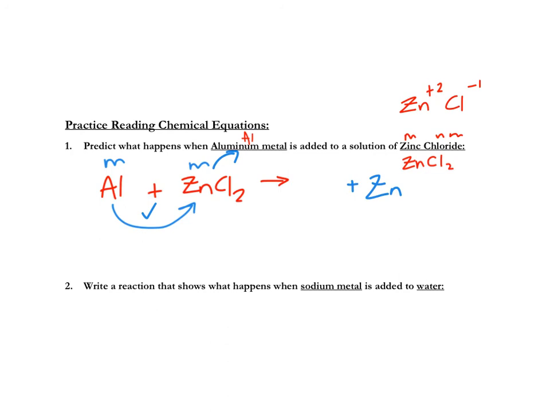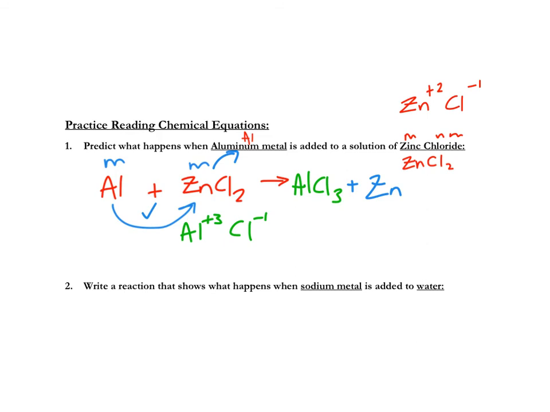So now I need to figure out what formula is going to form between aluminum and chlorine. So aluminum is +3, chlorine is -1. So when I cross the charges, I get Al1Cl3.